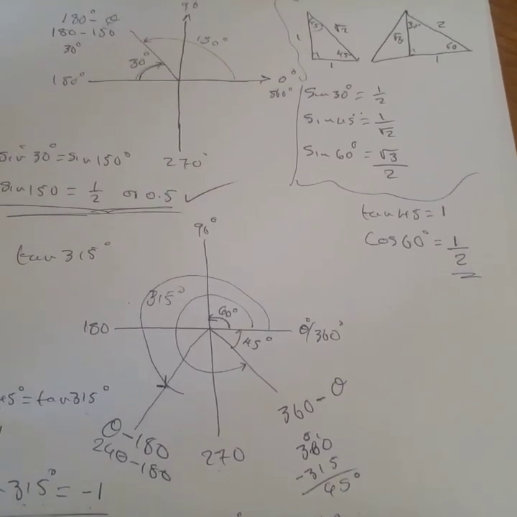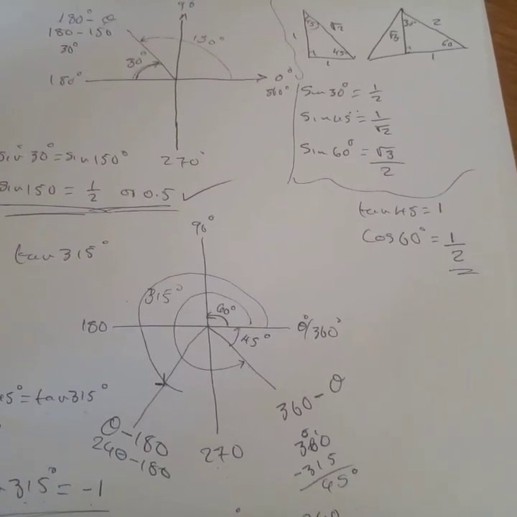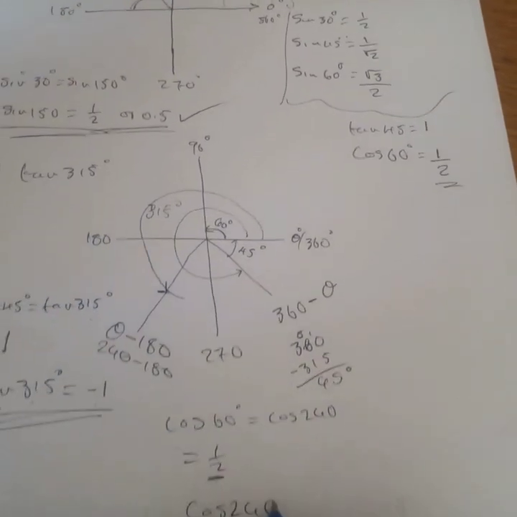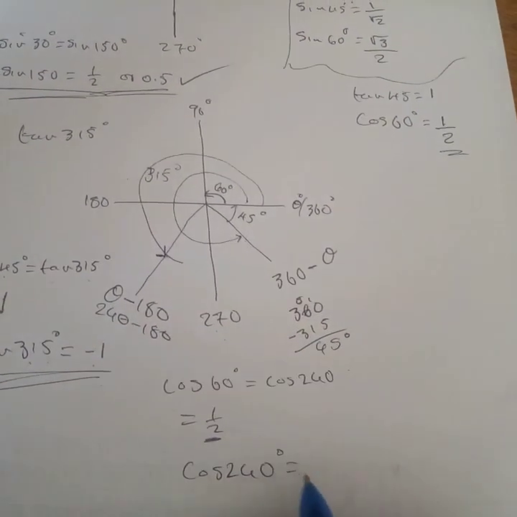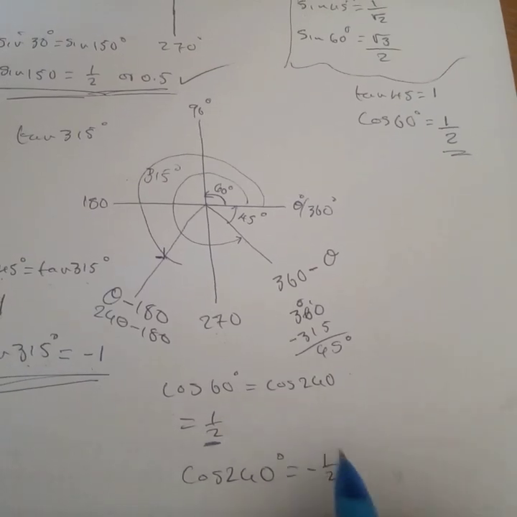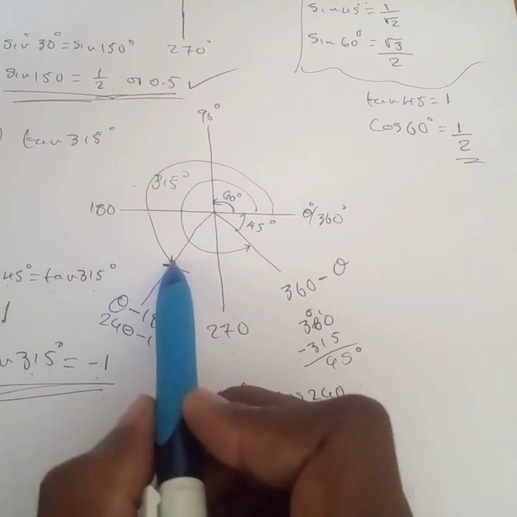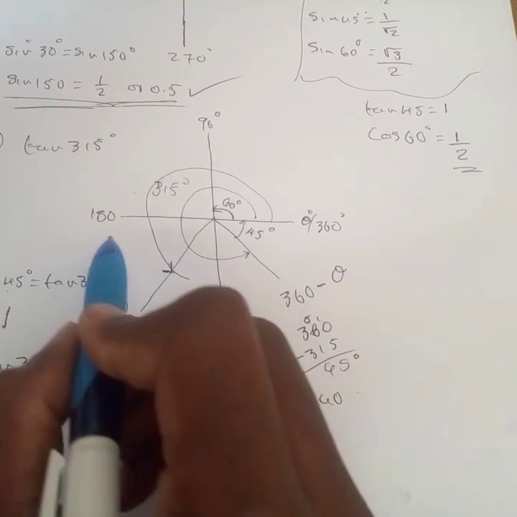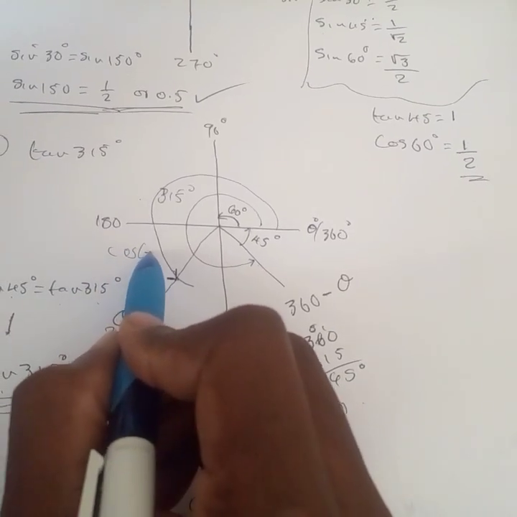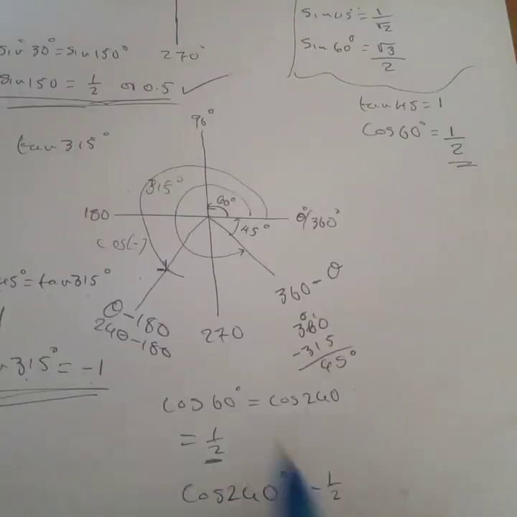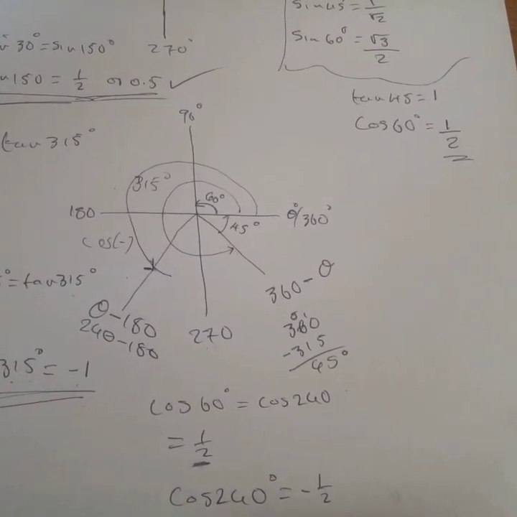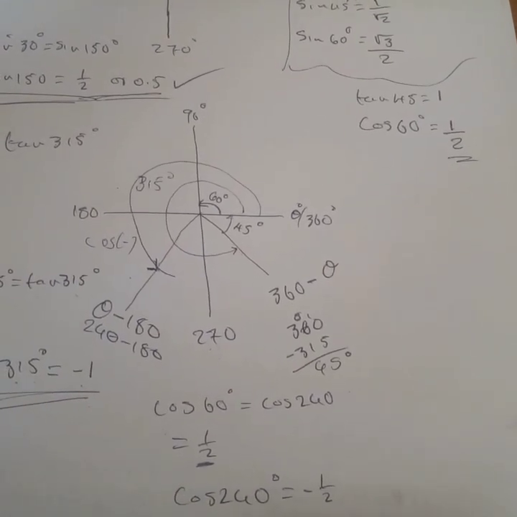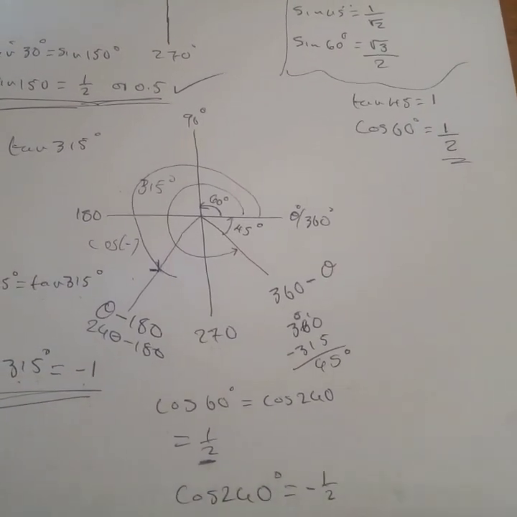Instead, cos 240 degrees is equal to negative 1 over 2, because cos is negative in the third quadrant. So the answer is negative 1 over 2, or you can say negative 0.5. The answers will still be the same.